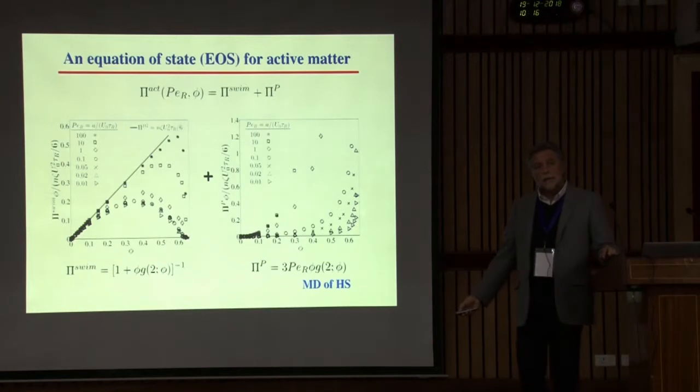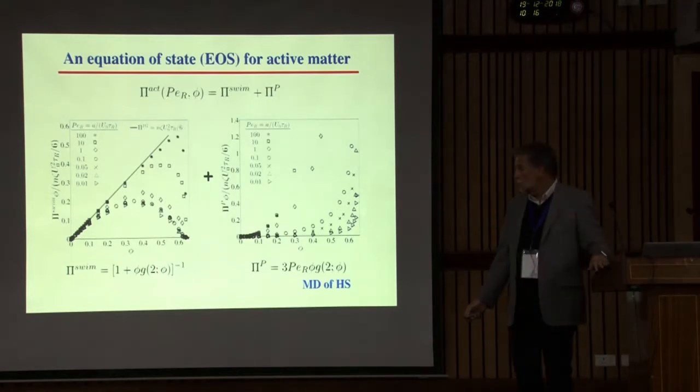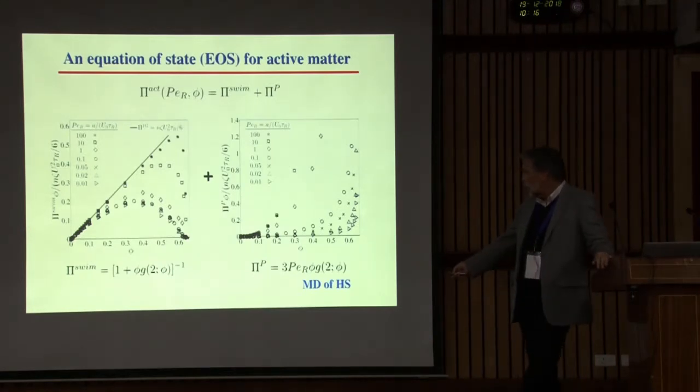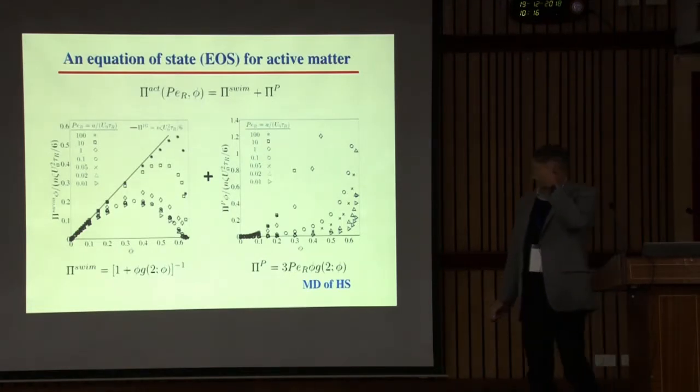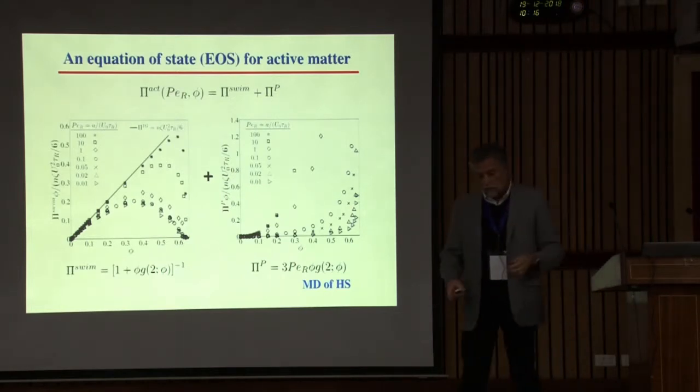We can work out analytically in the limit of persistent swimmers that it goes down like 1 over 1 plus phi times the pair distribution function at contact. That's just, you can do a microrheology problem and figure that out. For the collisional pressure, now here I'm going to make an argument that may not be true, but I'll make it anyway.